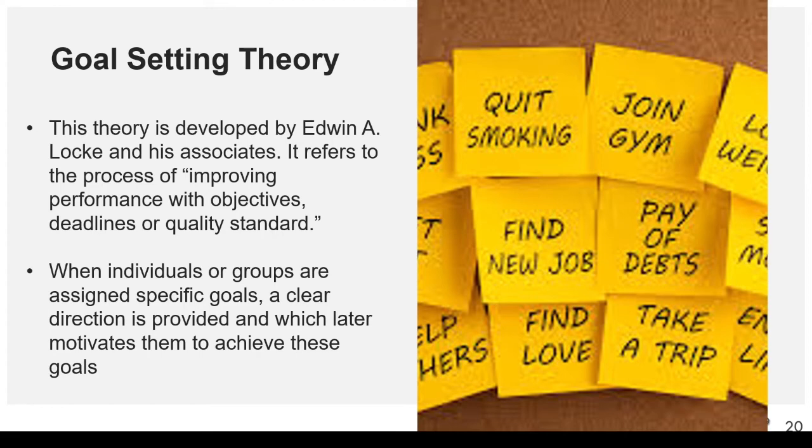For example, in the case of a teacher, in order to motivate his or her students to work on the activities, he will set a deadline for those activities to motivate the students to finish them. When individuals or groups are assigned specific goals, a clear direction is provided, which later motivates them to achieve the specified goals.